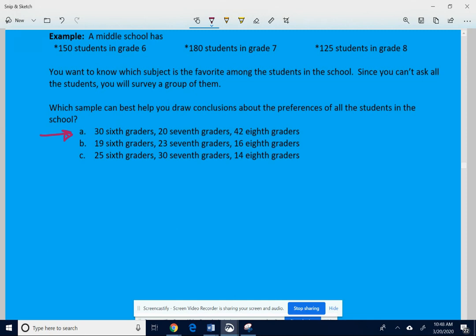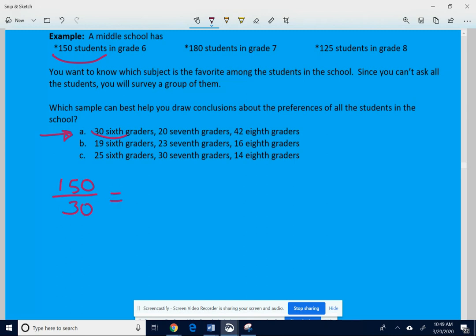Okay, so I'm going to take 150 actual students in 6th grade over the 30 6th graders in my sample. I'm going to write that as a ratio, as a fraction.